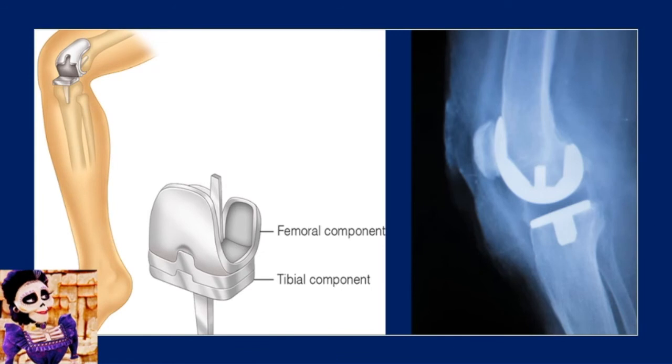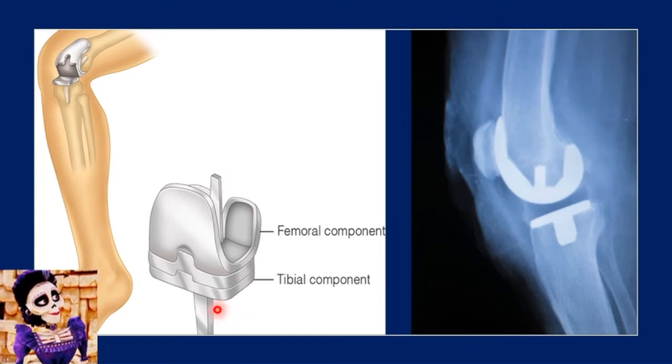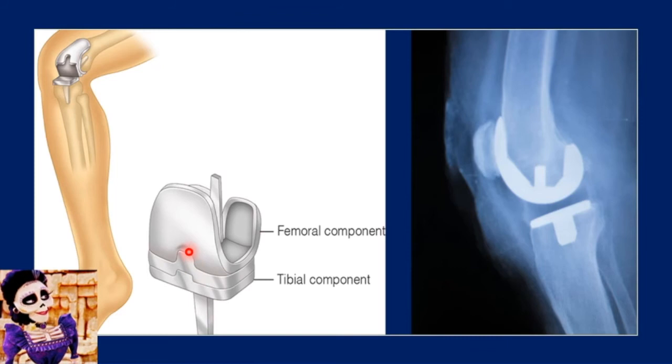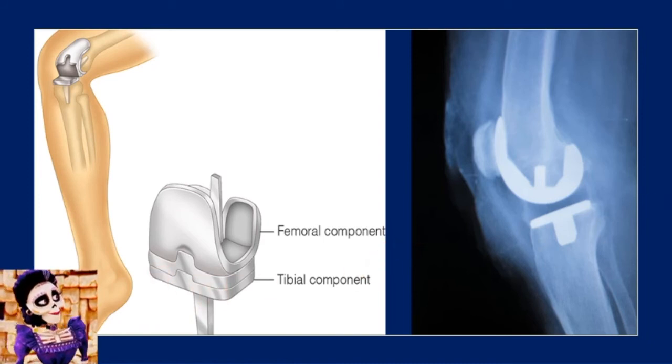This one, class, would be the femoral component and the tibial component of your knee. As I have mentioned earlier, the femoral side is usually a metallic surface, whereas, class, the tibial side would usually be polyethylene. The polyethylene there, class, acts as a cushion.